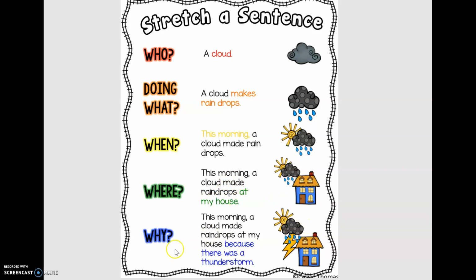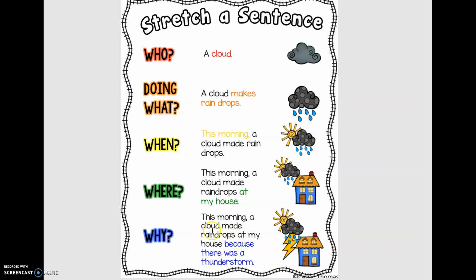Okay, and then why, right? That's a very important question. A lot of you students write your favorite part, but you do not tell why. So in order for the reader to know more details, you have to answer the very important question, why? This morning, a cloud made raindrops at my house because there was a thunderstorm. Okay, and you see all that, the sign for the thunder, the bolt sign that's coming down, right?